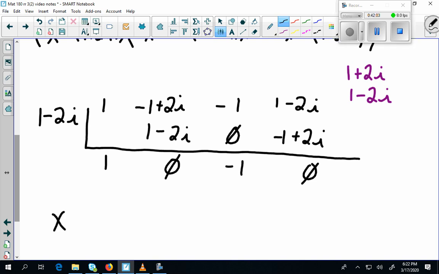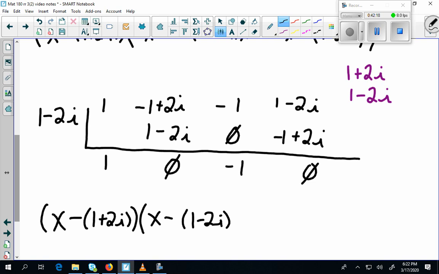So I know that x minus 1 plus 2i is a 0. And I know x minus 1 minus 2i is a 0. I've seen that now. And what is left? If you look here, this is the remainder. This is the constant. That is x. That is x squared.